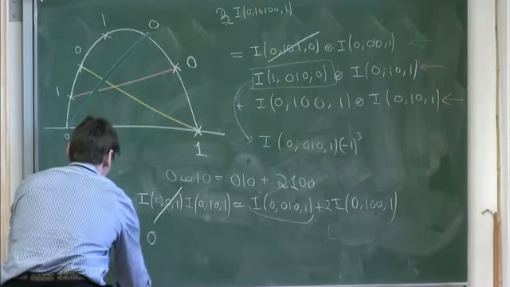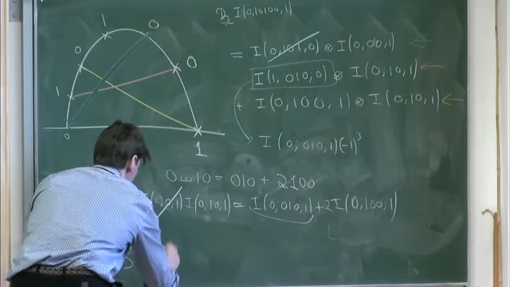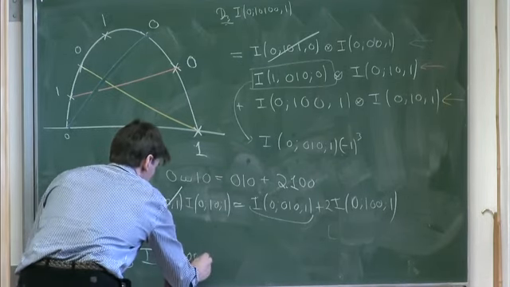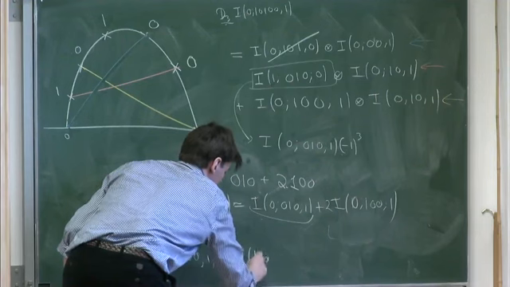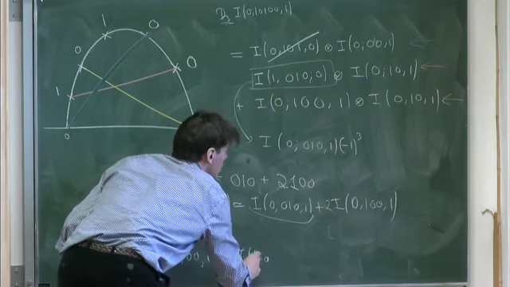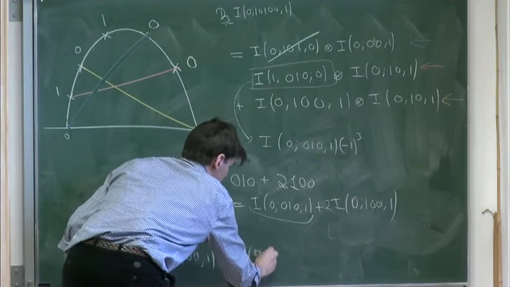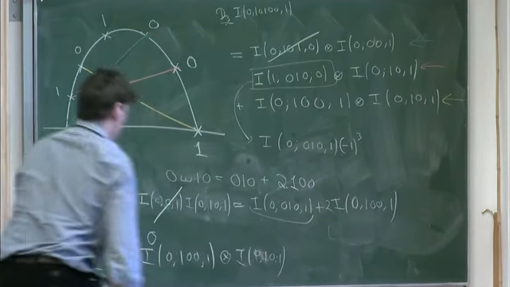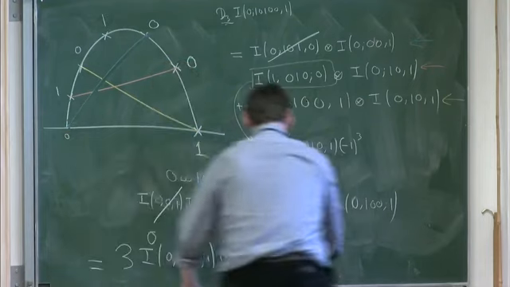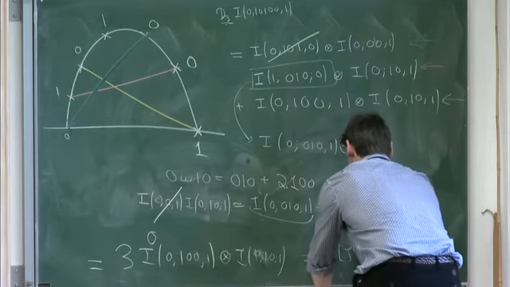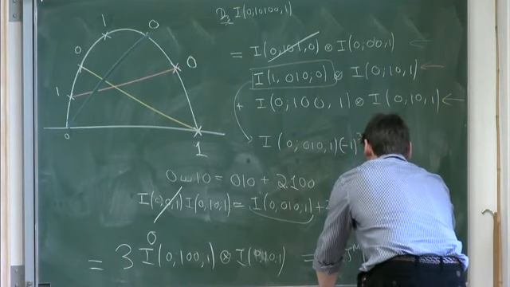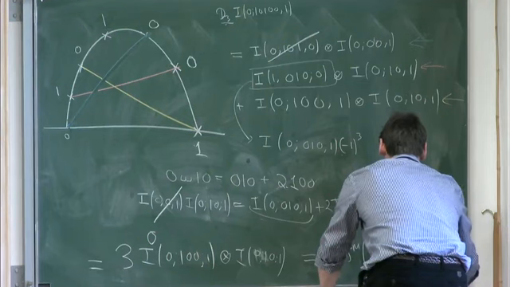The upshot is I get 3 times I(0,1,0,0,1) times I(0,1,0,1), and that corresponds, by definition, to 3 times the class of zeta Motivic 3 tensor zeta Motivic 2.